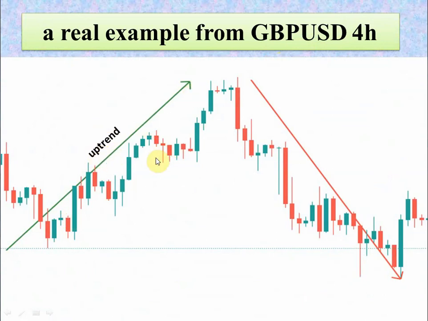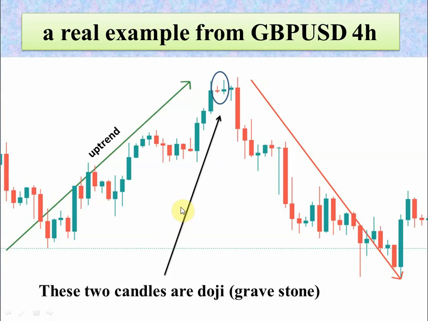At the end of our uptrend, at the top, we have two candles, one with red body and the other with green body, and both of them are doji candles or gravestone. After this, the market reacted and a downtrend took place. So after these two candles of doji, we have a downtrend.